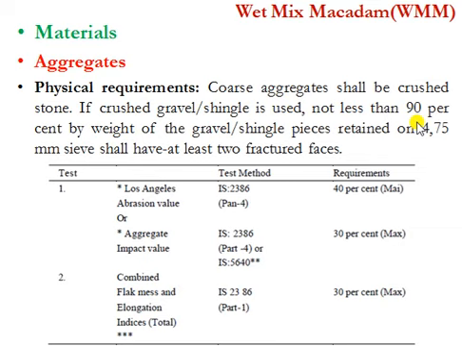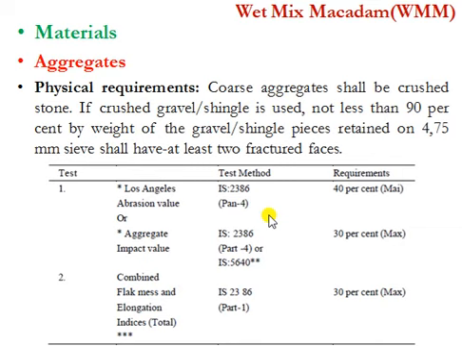If the water absorption value of the aggregates is greater than 2%, we should conduct a soundness test for the material. There are some parameters which are specified in IS 2386 part 4.